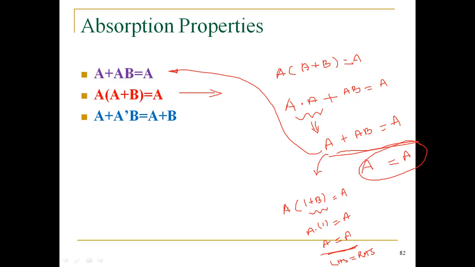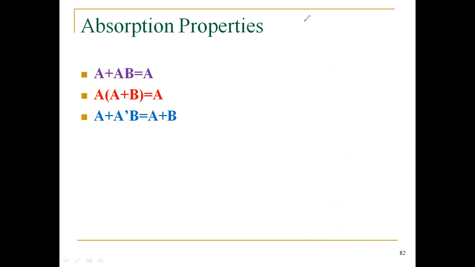So this is the method of justifying the postulates or properties in Boolean expressions. Whatever properties we have discussed so far are very important because we are going to use them to reduce the expressions in digital systems.